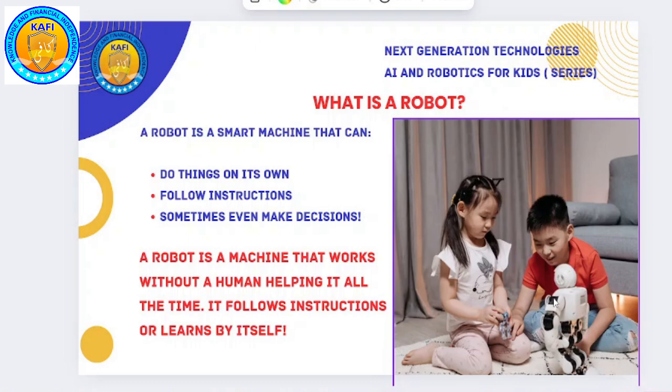So they can take human voice orders as well. But that's a machine. It cannot do it by itself. It has to get an order from a human. So a machine needs a man to work on it, but a robot can work without a human. This is the main difference.